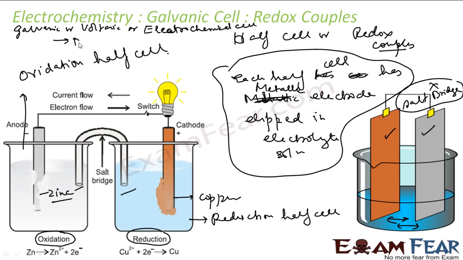Now if we talk about the types, Daniell cell is one type of galvanic cell. Similarly, there are so many types in the market. There are different implementations of the same concept of electrochemical cells. Don't get confused: galvanic and voltaic are just names given to this electrochemical cell. In fact, the voltaic pile is also one example.